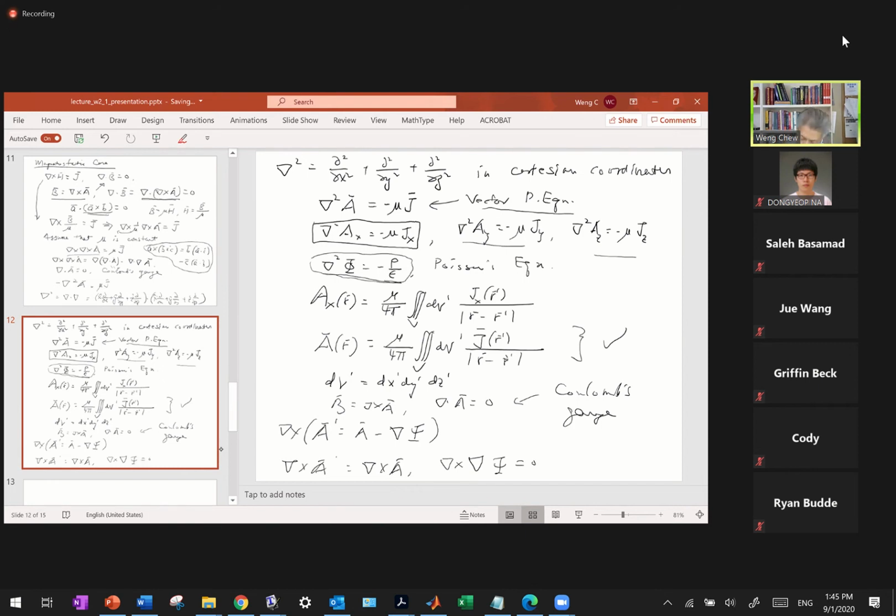You can see that A is not unique if we just stipulate what its curl should be.